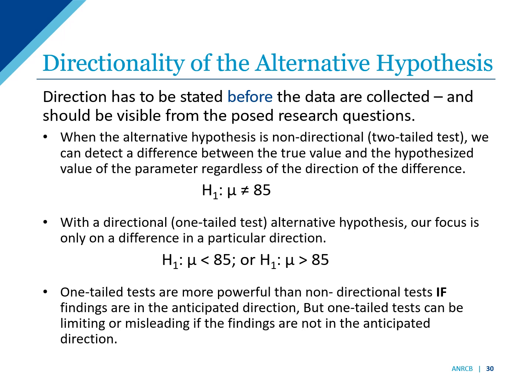With the directional alternative hypothesis, our focus is only on a difference in the particular direction, and we use a one-tailed test. Those are more powerful than non-directional tests if findings are in the anticipated direction, but they can be limiting or misleading if the findings are not in the anticipated direction.